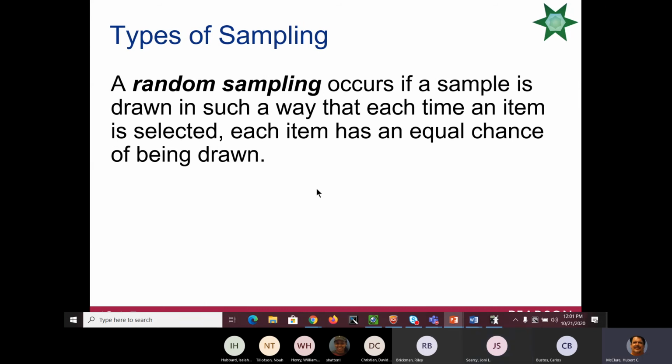Random sample. You don't have to write all this. The best thing to write with a random sample: everyone has the same chance. Write that down. So if I put all y'all's names on pieces of paper in a goldfish bowl, scramble it around, shake it up, and pick one name out of it, that is called a random sample.